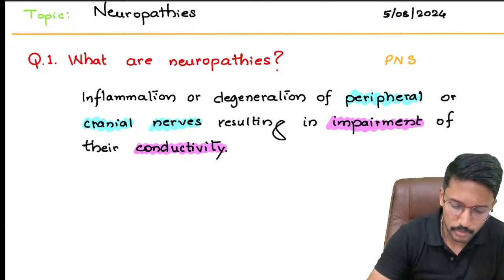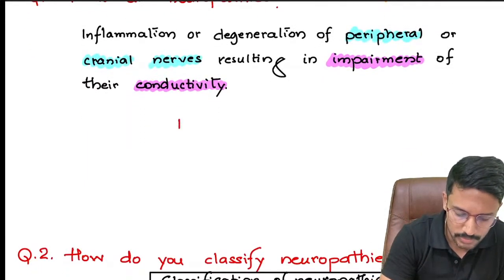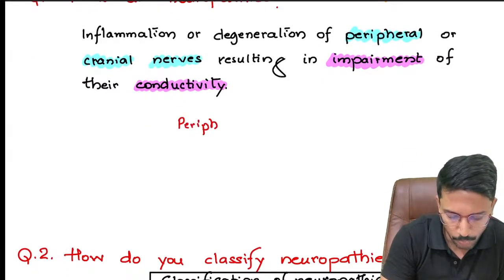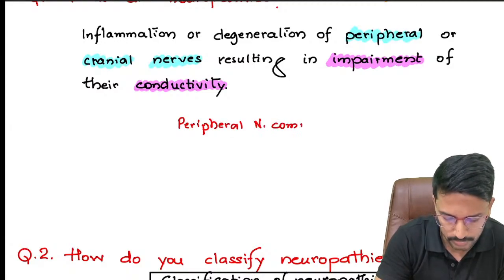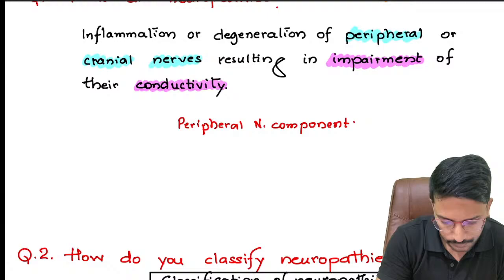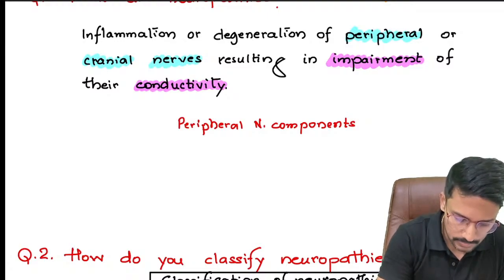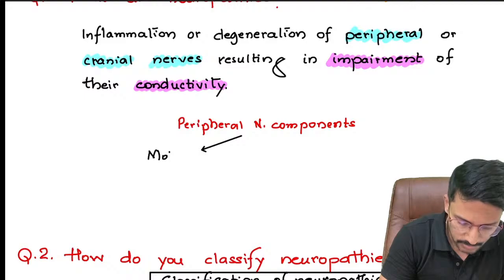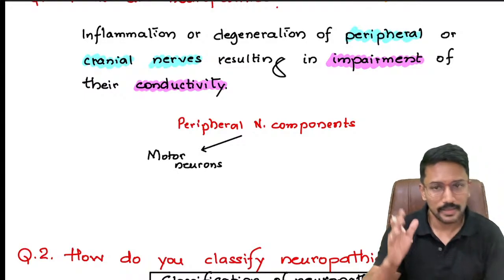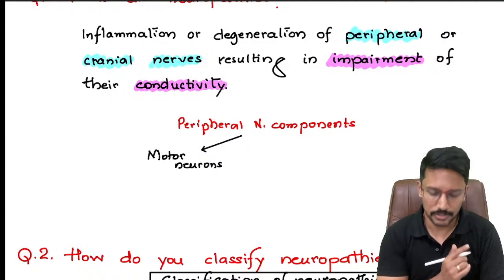Whenever we talk about peripheral nerves, we know that peripheral nerves contain three important components. What are those? The first one is motor neurons, which carry the signal from the spinal cord to the neuromuscular junction.